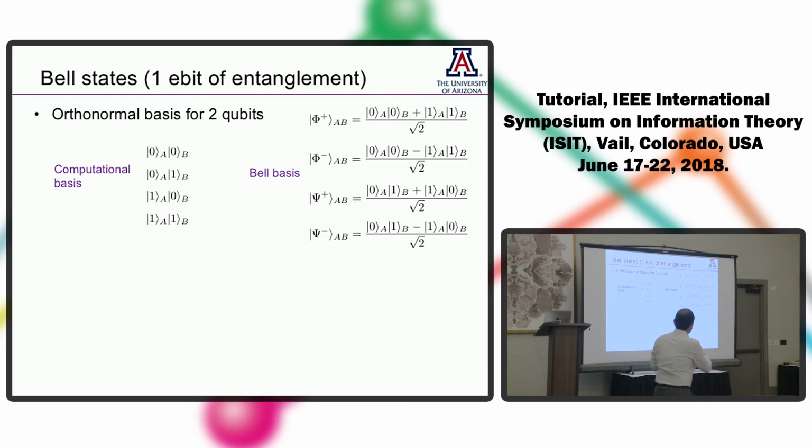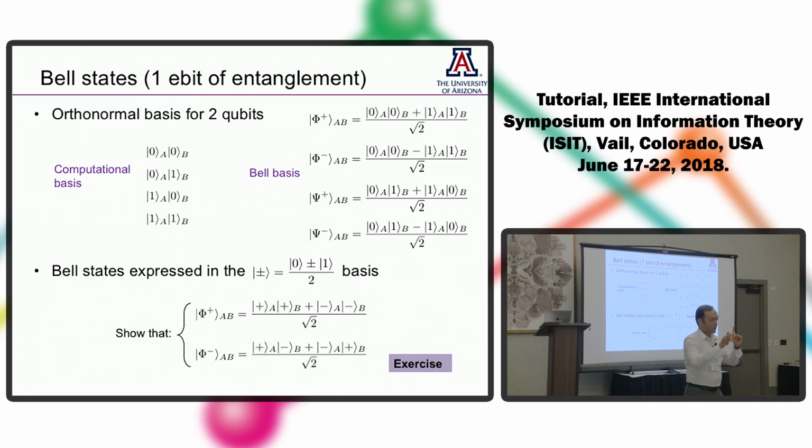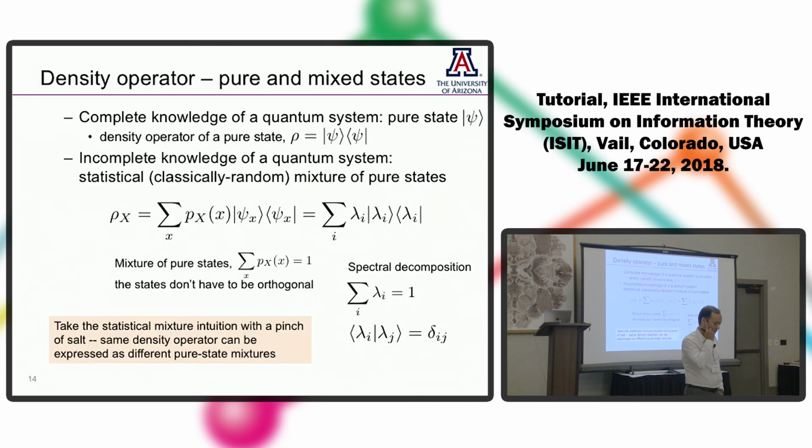If I take this Bell state, which is also a legitimate vector in this four-dimensional space, and complete that basis using these vectors, each one of these is an entangled state of a very similar form, and these four are also orthogonal to each other. This particular measurement is called the Bell basis measurement or the EPR measurement, and it has a lot of interesting effects that are at the core of a lot of quantum information processing.